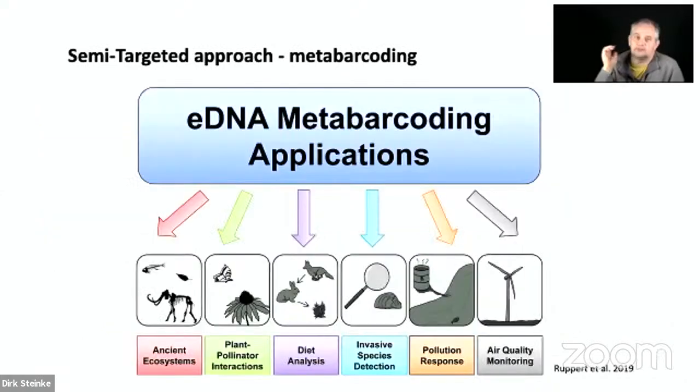And there's a lot of potential applications, or not only potential, but really used applications of eDNA metabarcoding. So we've seen people using them in ancient ecosystems, where they go digging, archaeological digs. We had one case here in Canada where some archaeologists went out and dug out old settlements. They were not that old, so we're not talking ancient, a couple of 100 years, early human settlements here in North America.